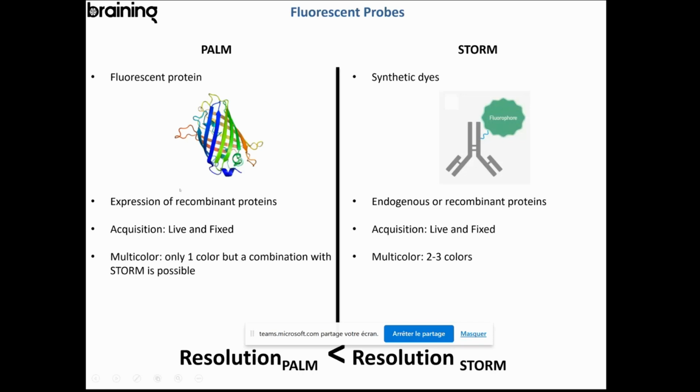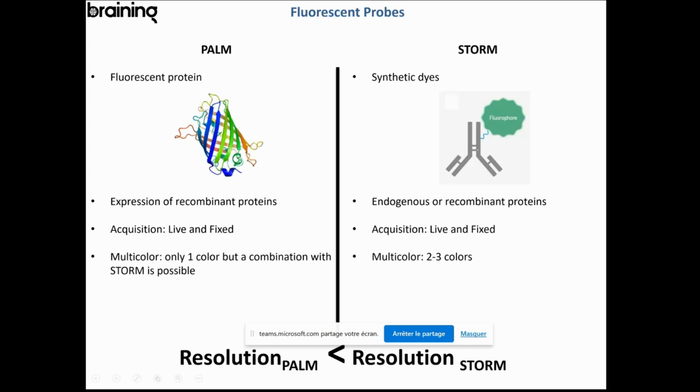The big difference between the two is that you really need to transfect your cell with, for instance, a subunit of the receptor, for instance the gamma-2 subunit of the receptor, that is coupled to this GFP-like protein. So we are using most of the time Dendra2 or mEos, which are the main photoactivatable proteins.